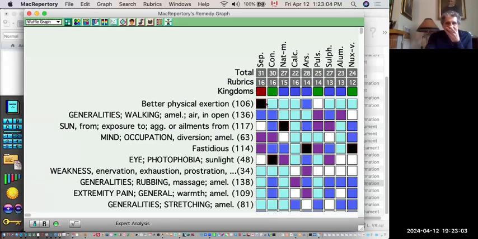Conium and sepia were close, because she was worse in the sun, so we couldn't prescribe sepia. And the photophobia was strong. Anyway, she got conium.